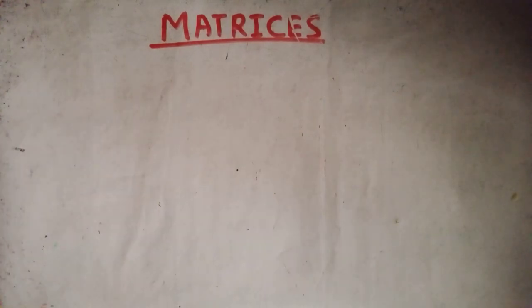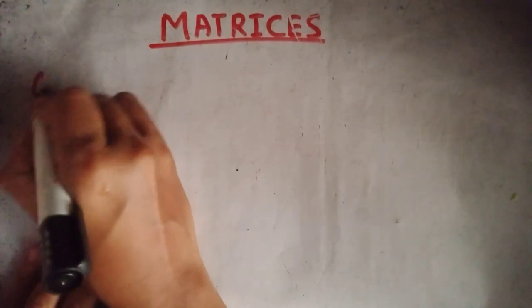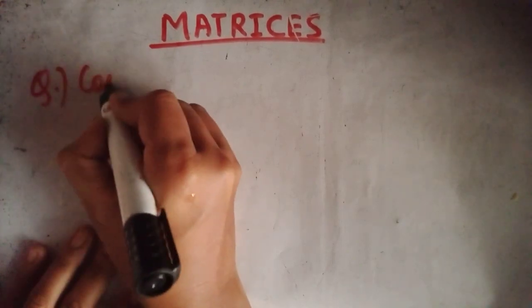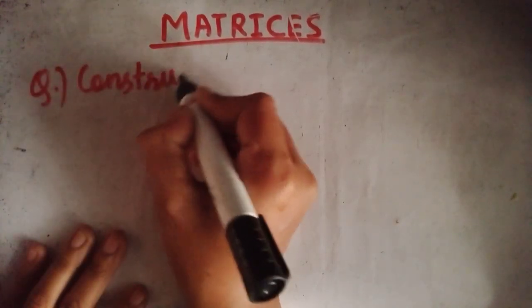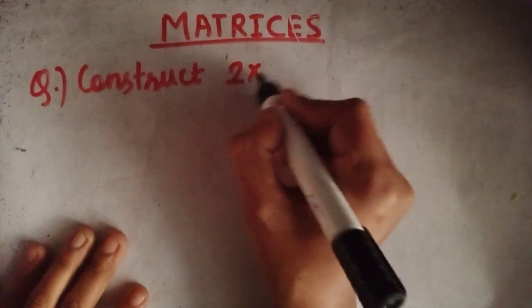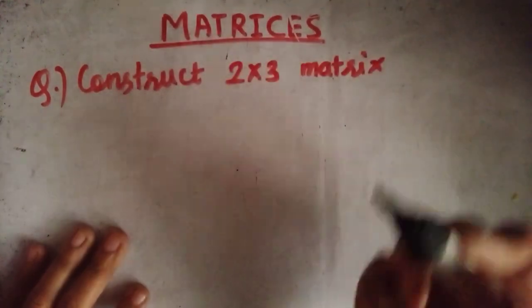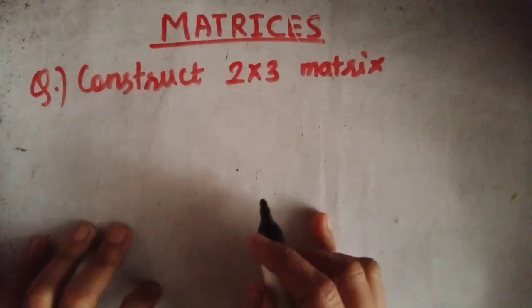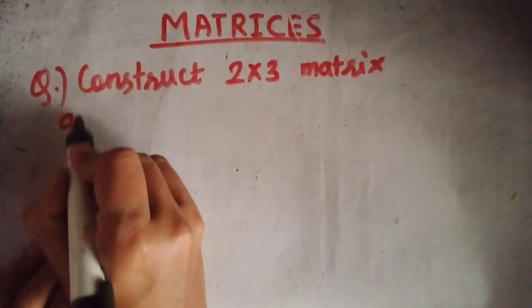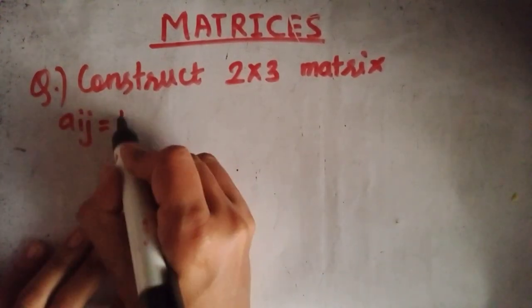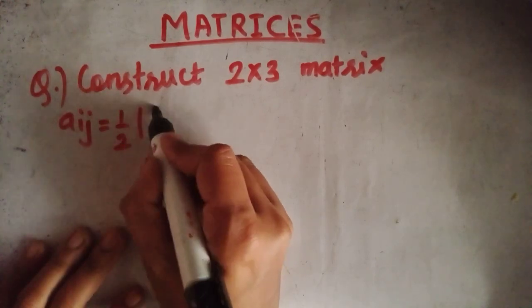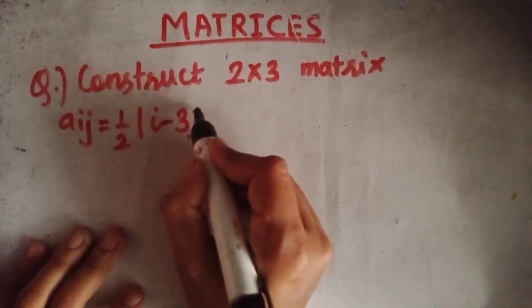Now let us take one example. You have to construct a 2 cross 3 matrix whose elements are defined by Aij equal to half of mod of i minus 3j.